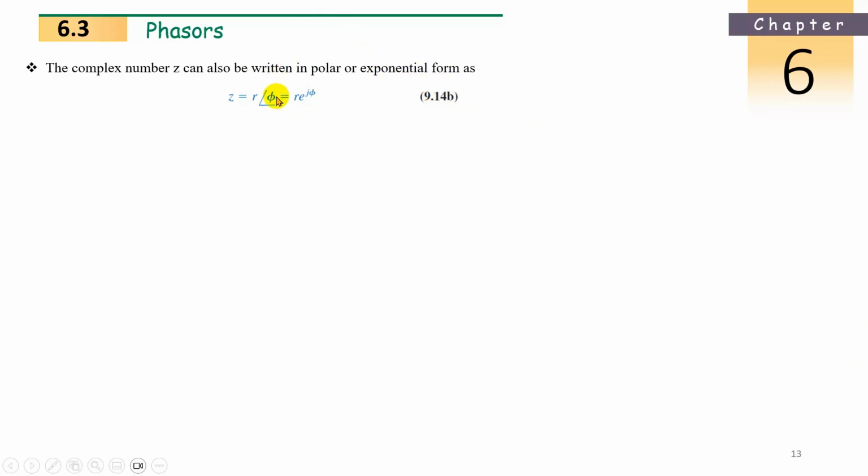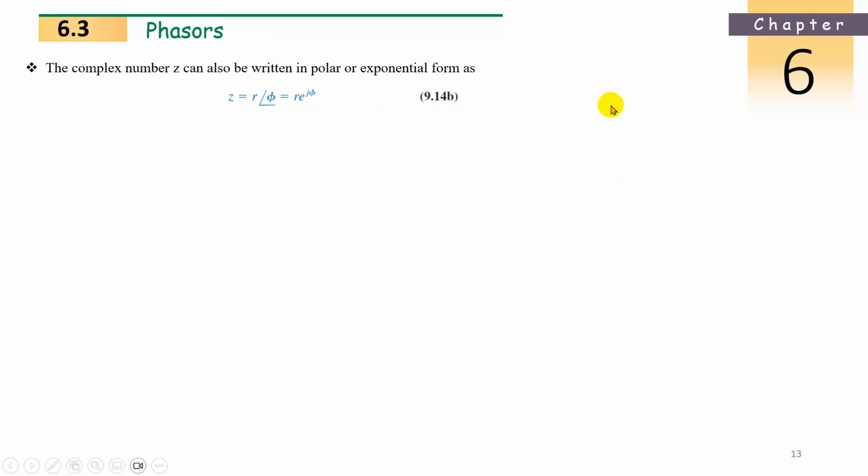Here phi is the phasor angle and r is the value of the square root of x square plus y square. Where is r coming from? r comes from the square root of x square plus y square from the rectangular form, and phi is tan inverse of y by x. We can write in this form as polar, r at an angle phi, or we can write the exponential form, r e power j phi.